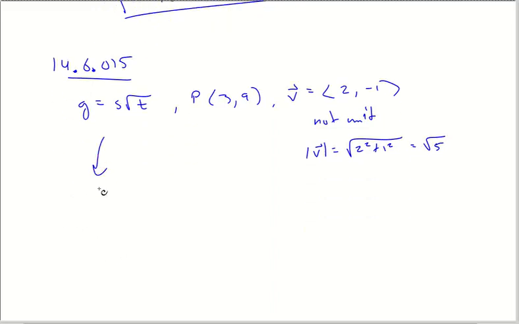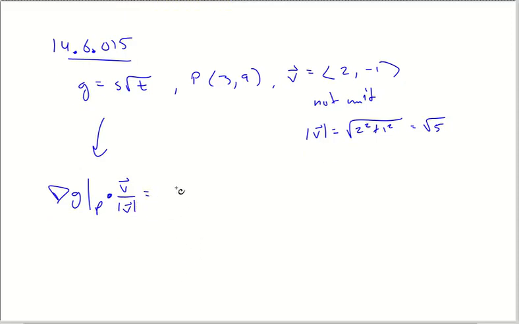Okay, let's find my gradient. So I guess you could say grad g at p dot v over magnitude of v. Okay. The next problem actually is a little different, so that's good. Moving on, my derivative in terms of s, I'm guessing that comes first, is just going to be square root t.